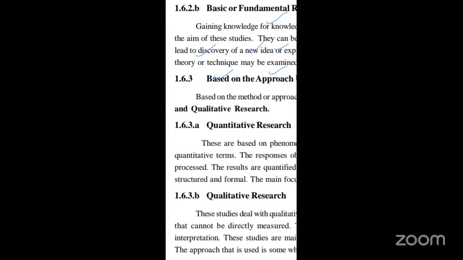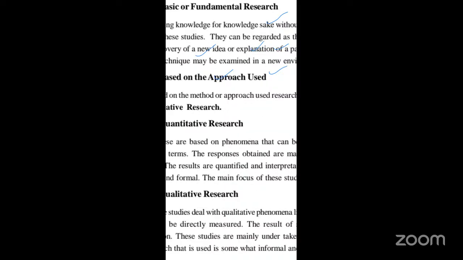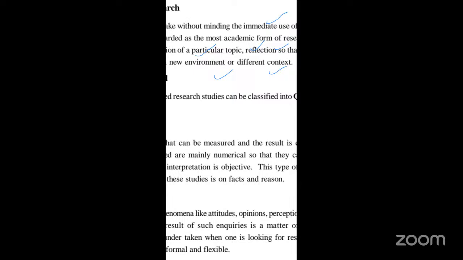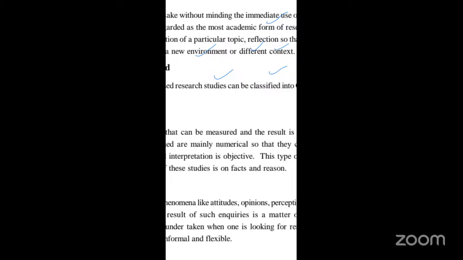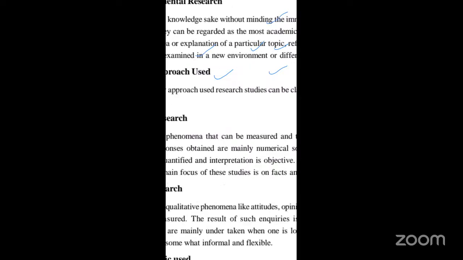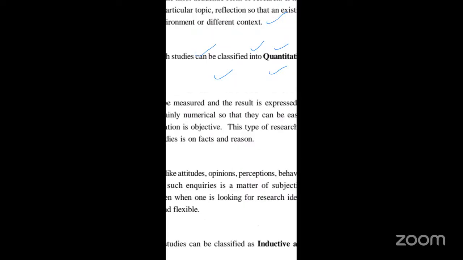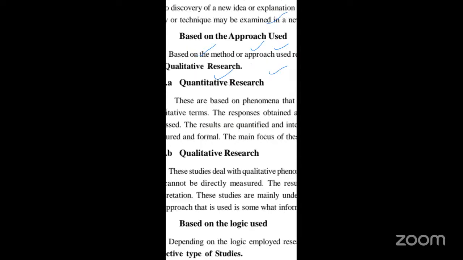Qualitative research, quantitative research. So what does quantitative mean? These are based on a phenomenon that can be measured and the result is expressed in quantitative terms. Quantitative means we can measure and the result also we can give in quantitative terms. The responses obtained are mainly numerical so that they can be easily processed.